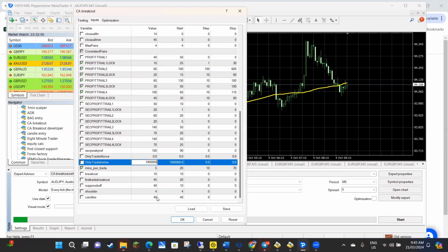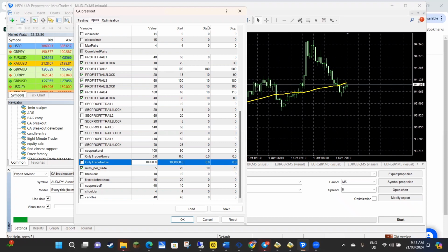And candles 40. Also just some of the breakout calculations. Some of them I have run at 40, some at 50. And at the moment, I just haven't fully decided whether I like 40 or 50 better. You can use either. It's not going to make a lot of difference. But as I said, all of these settings are tailored to each pair in the templates.